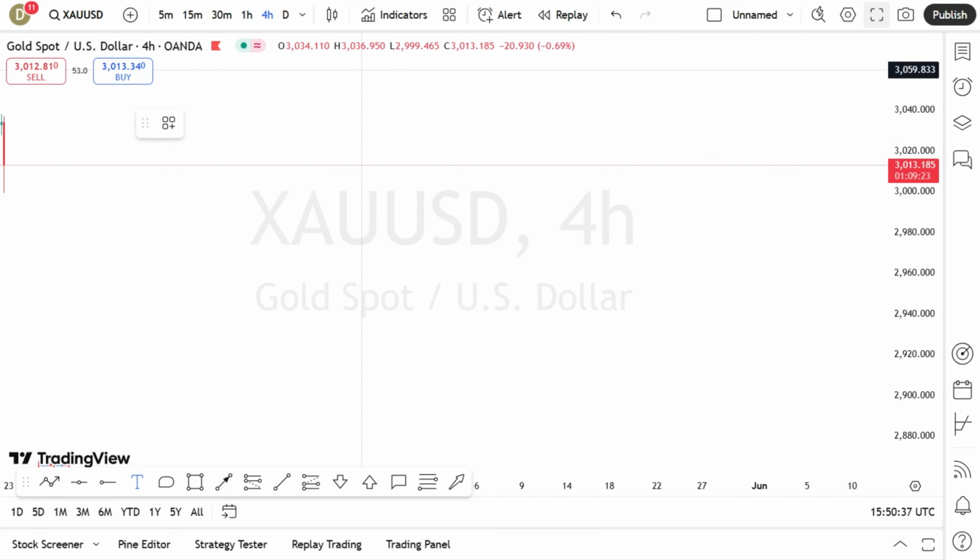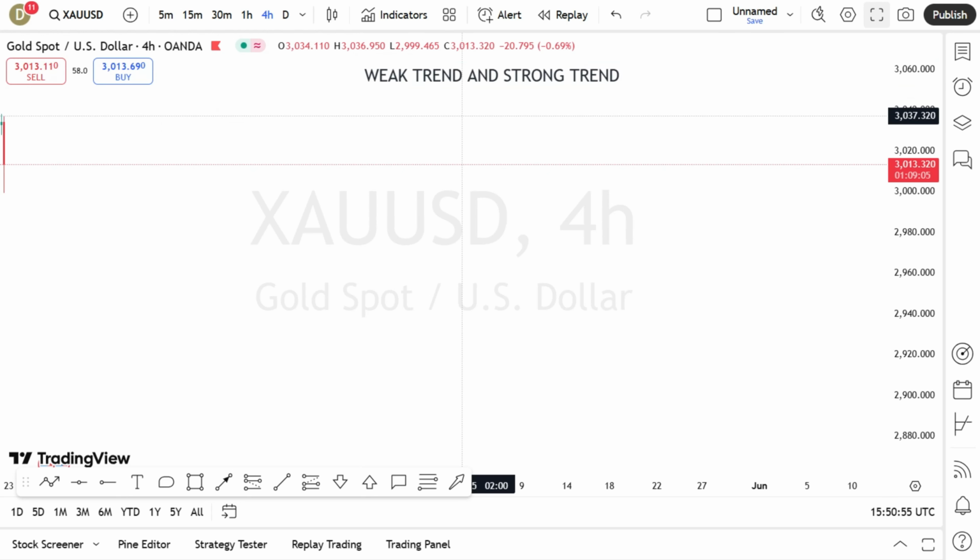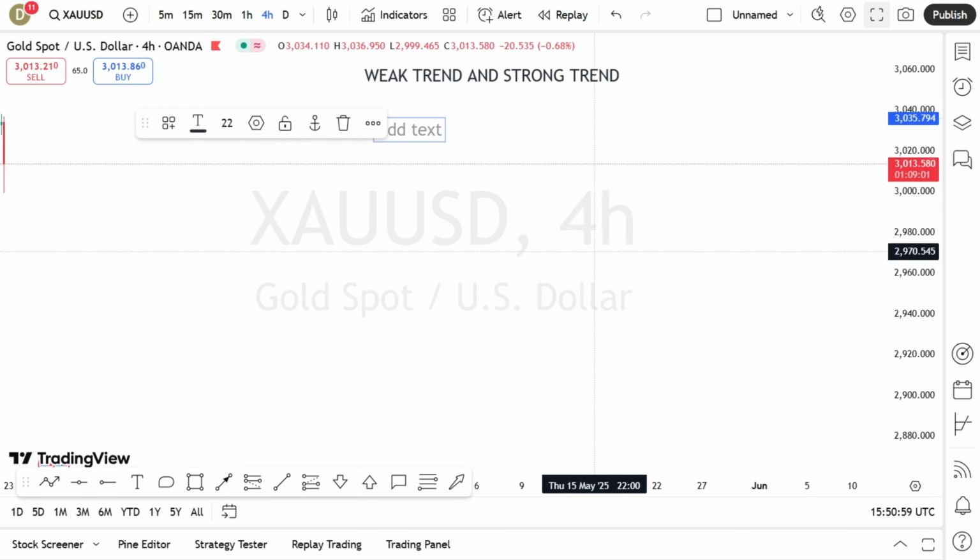Weak trend and strong trend. In other terms, you are going to say weak market structure or strong market structure.